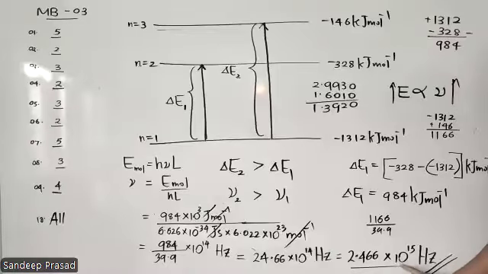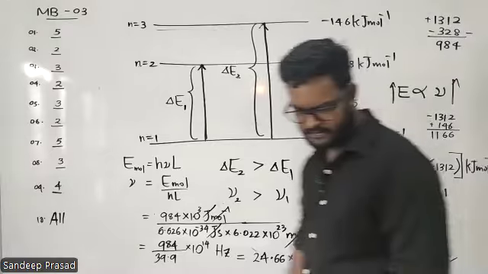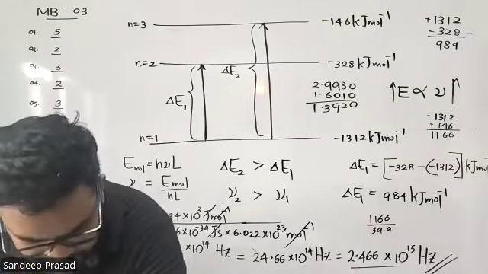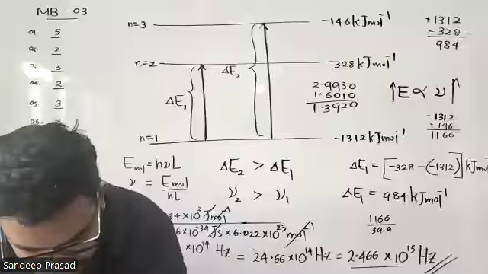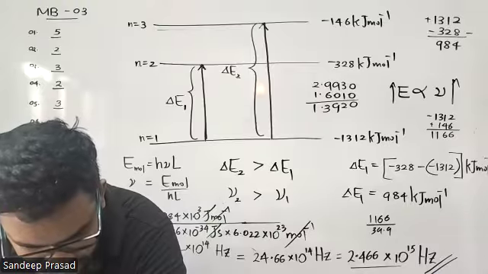Raise your hand those who got this answer before I do the calculation. I want to know that. Raise your hand those who got the answer like this before I do the calculation. Right, okay, good.